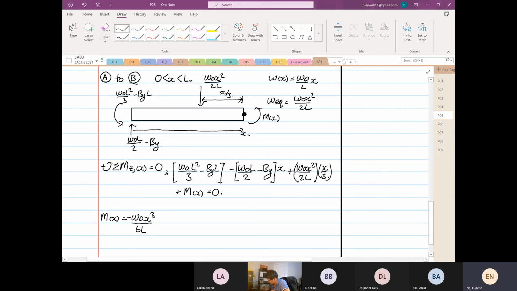So in terms of X, you have minus, bring over will be plus omega naught L over 2 X. Minus minus, take out is plus, you bring over is minus BY X. Then minus omega naught L squared over 3, and then plus BY L, and this whole thing is equal to EI d squared y over dx squared.